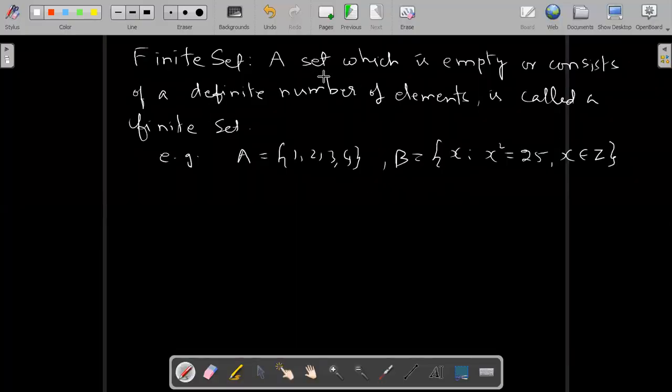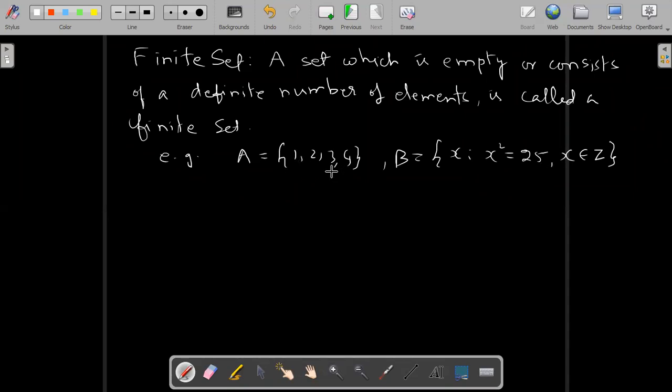So a finite set is a set which is either empty or consists of a definite number of elements. Means definite number of elements. Therefore, it is a finite set. Then one more thing, if it is a finite set, it will have a definite number of distinct elements, and you know that in a set we are writing distinct elements.